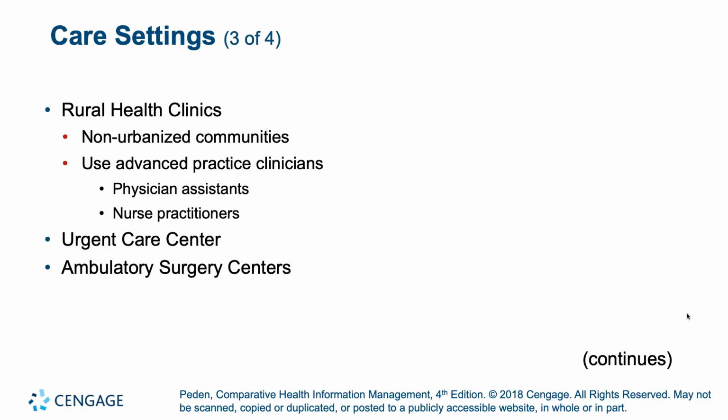Again, as long as they are not owned or operated by a hospital or healthcare system, they're on their own. They may be owned by a county. They may be owned by an Indian reservation. They may be owned by a physician, an individual practitioner, those types of situations, that's what we're talking about.